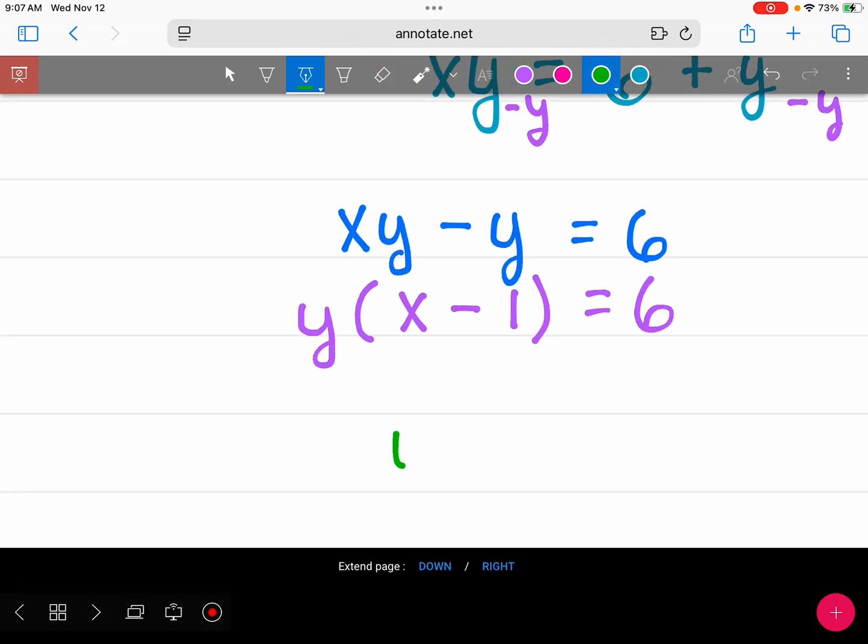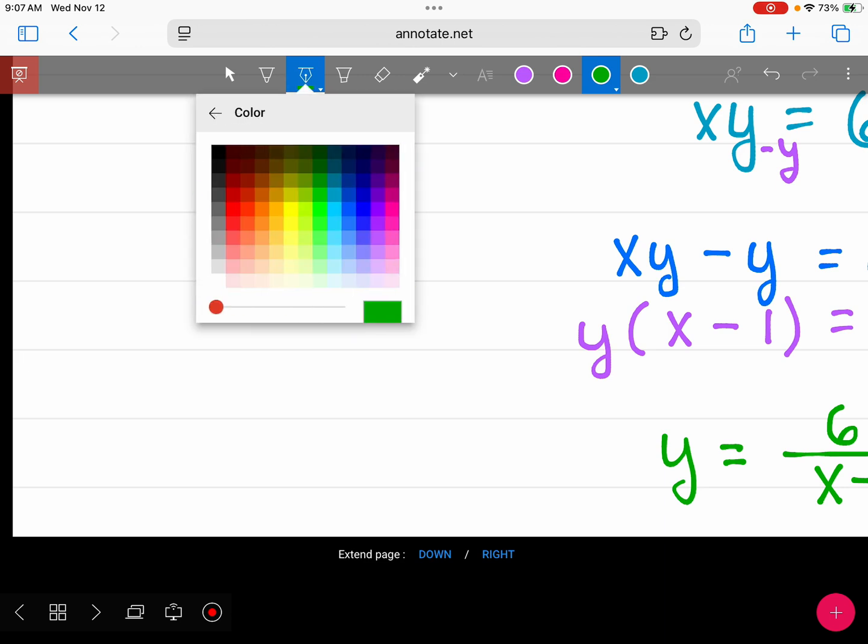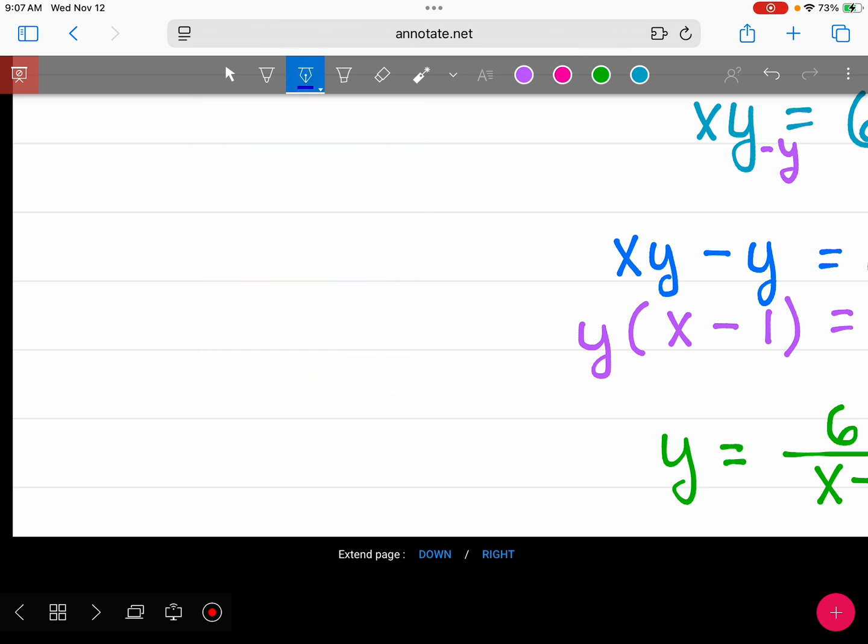So our y is going to equal 6 over x minus 1. So the inverse of 6 plus x over x is 6 over x minus 1. So this is our inverse of f of x. So f inverse of x is 6 over x minus 1.